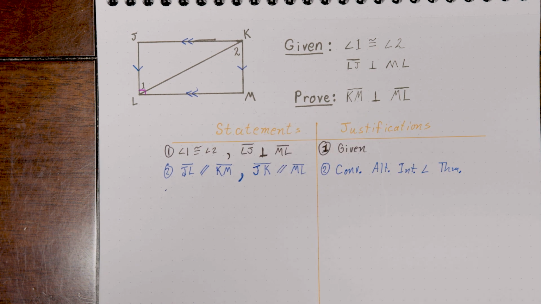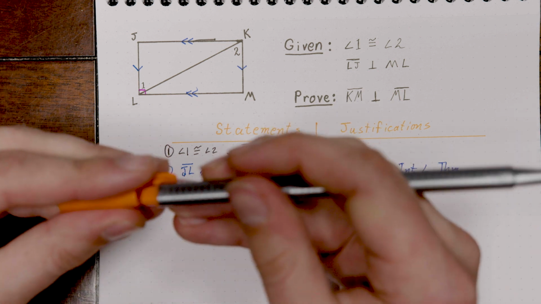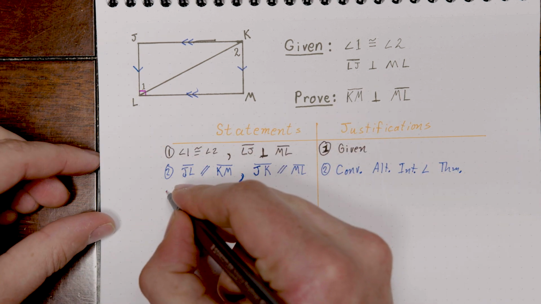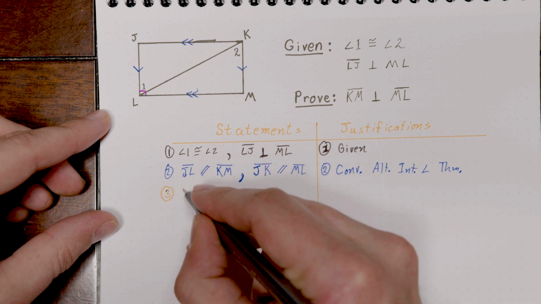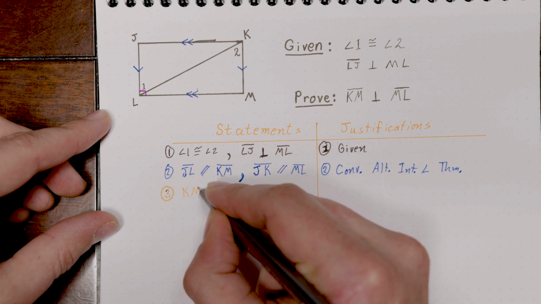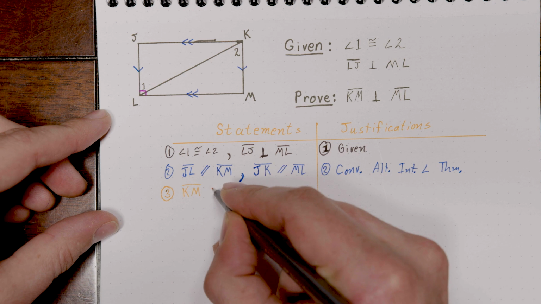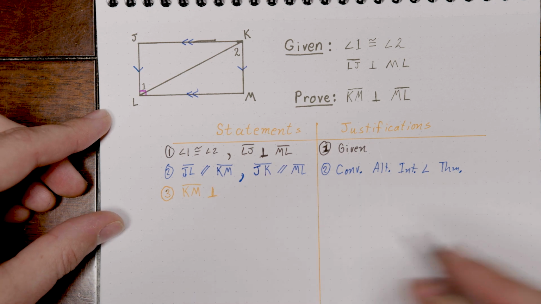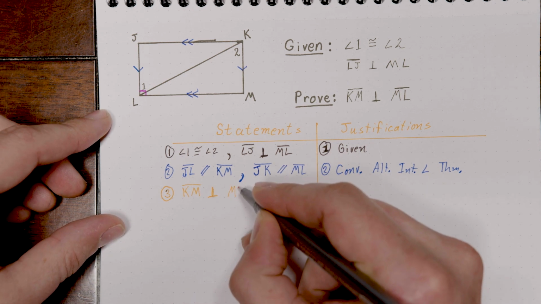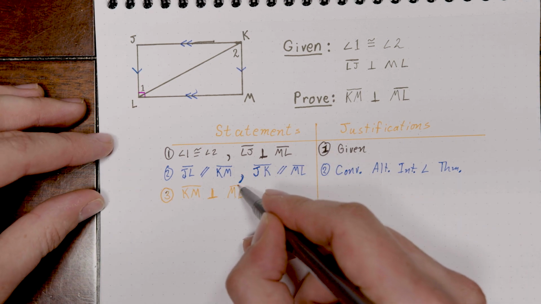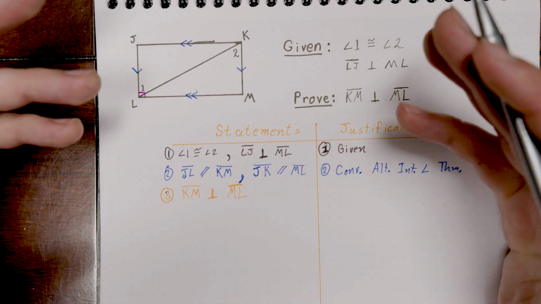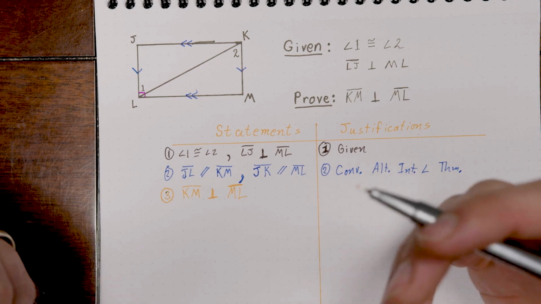We're going to say, thirdly, that KM is perpendicular to ML. We actually didn't need both of these pieces, but it's useful to collect things and then be able to use them later.